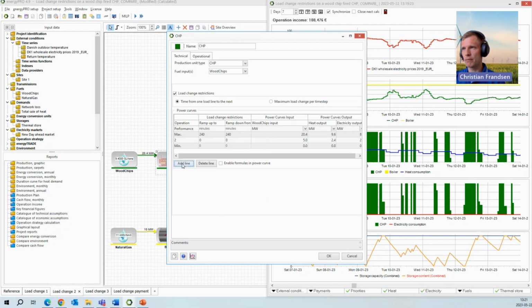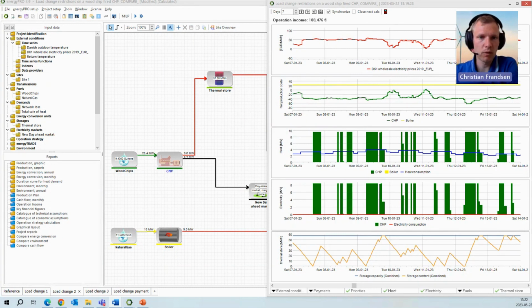But here you would be able to put in a number of load lines and then specify that the ramp up speed changes as a function of the load.